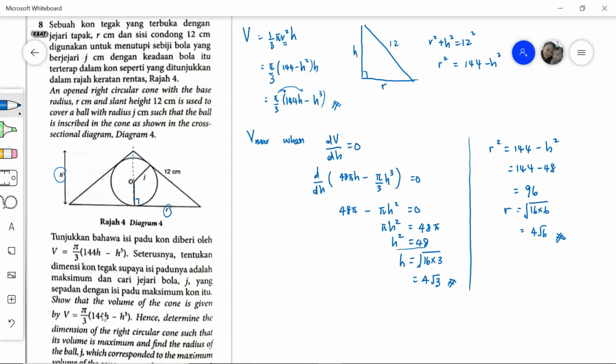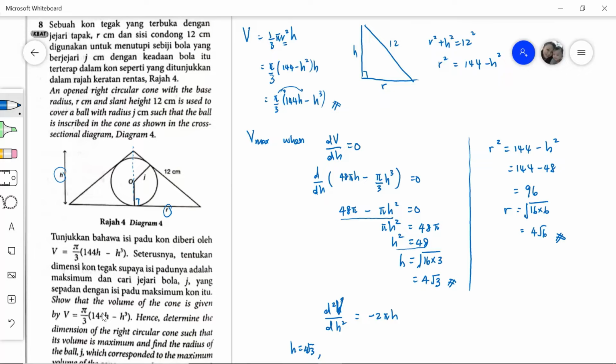Next, we have to test if this gives us the maximum V. How? We differentiate V twice. So let's differentiate the second time. d2V over dh2 equals negative 2 pi h, with h equals 4 root 3.